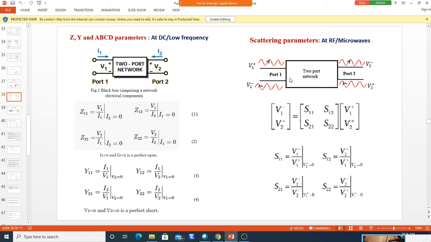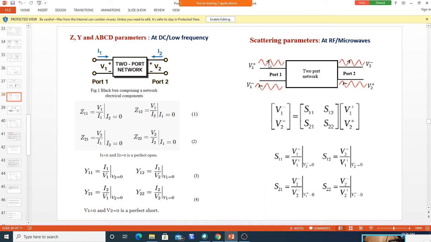We treat it as a wave because, for example, take this lead here; the voltage variation may be like this. This length may accommodate many cycles of the signal. So if you measure here it is high, and if you measure here it is low.